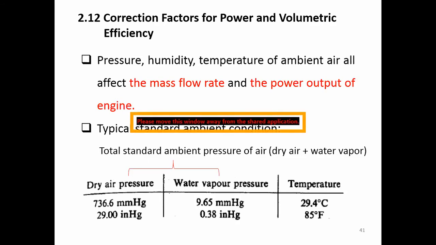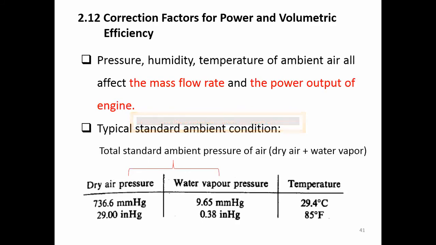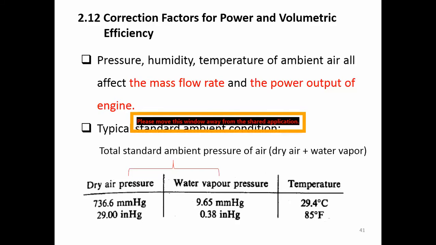Why do we need a correction factor? Because the power and the volumetric efficiency are both affected by the ambient conditions. When you test run your engine, the ambient conditions in the region where you test it can affect the power and the volumetric efficiency, right?